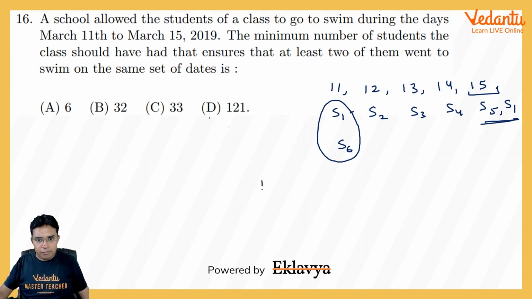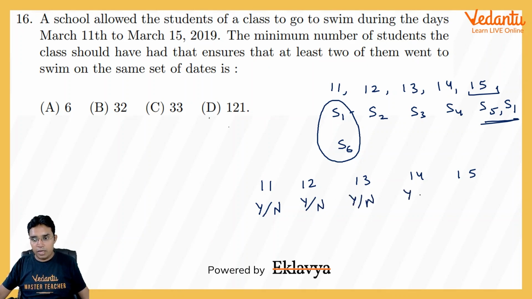If I have 5 dates, okay, 11, 12, 13, 14, 15. So I am a student, suppose, then I may make my schedule as follows. I can say yes or no to date number 11. I can say yes or no to date number 12. I can say yes or no to date number 13, for 14 and for 15 also.